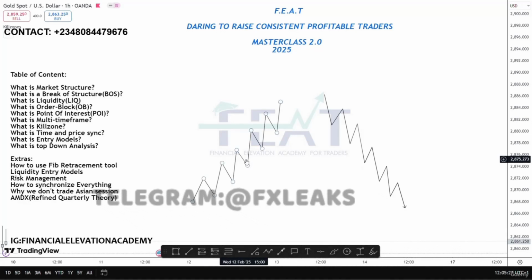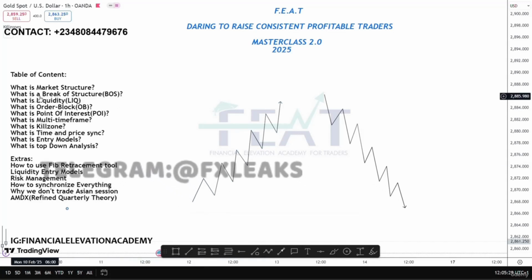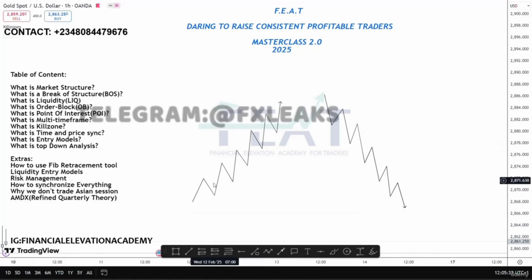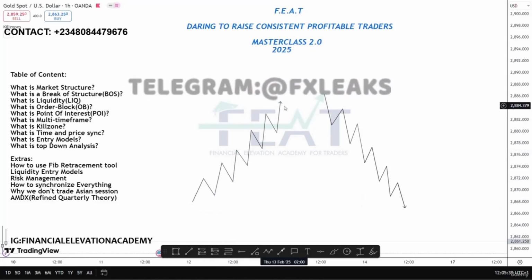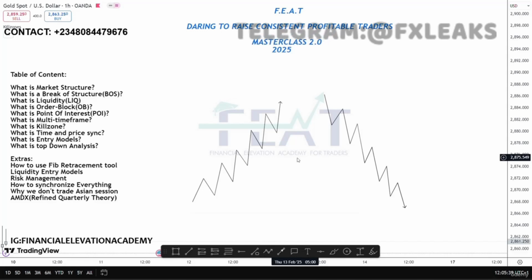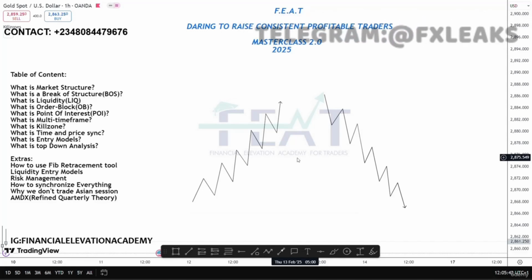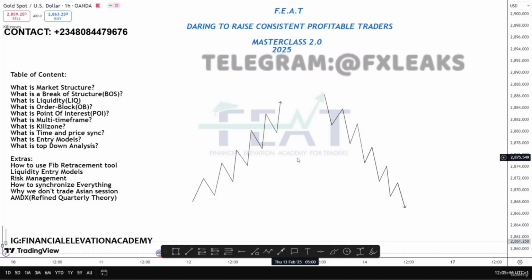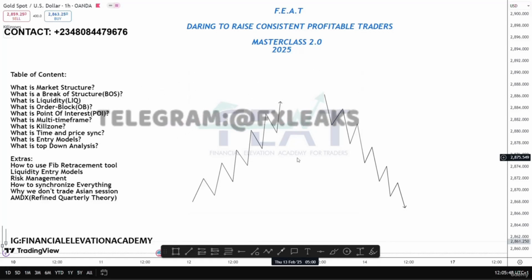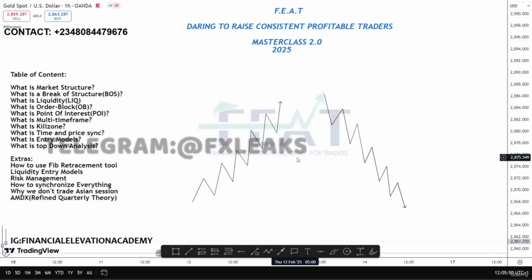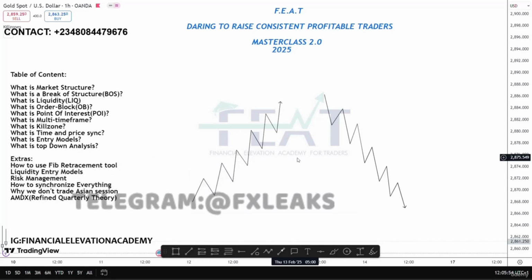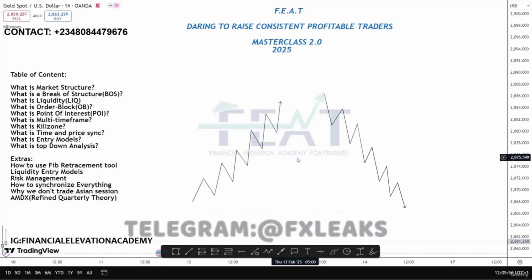Moving on, our next heading here says, what is a break of structure? Now as you can see, this is a bullish structure, this is a bearish structure. We talk about the break of structure because it helps us to identify when the market makers have intention to change the direction of the market.